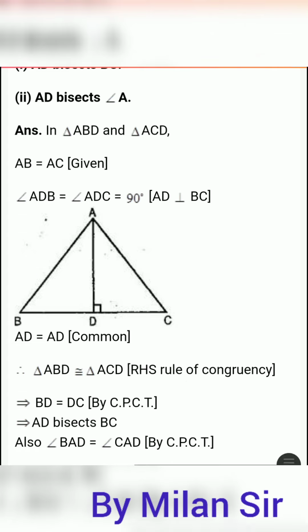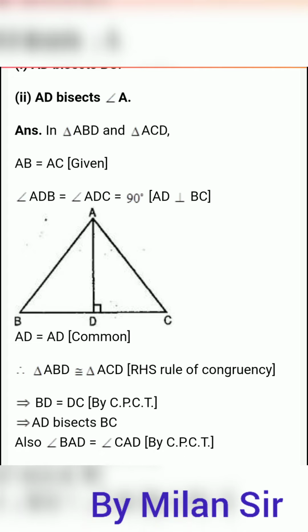Here angle D is equal to angle D, in the third position. Then AB is equal to AC, first and second. So ABD is congruent to ACD. Now what we need to prove here?